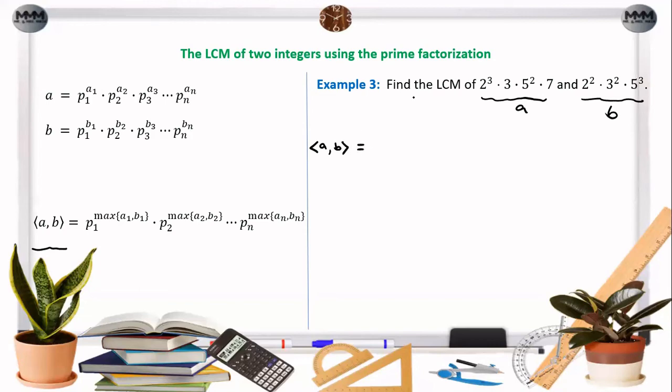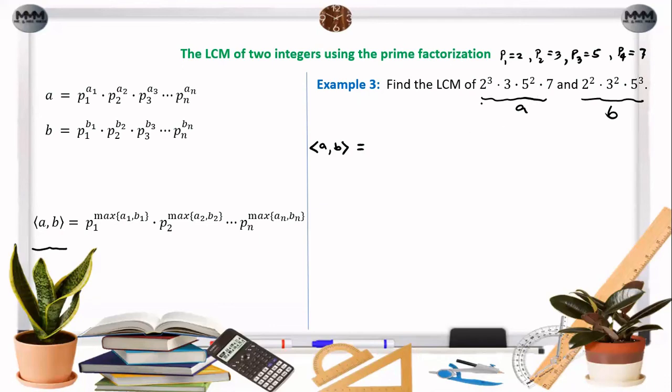This is equal to, take note here, P1 is 2, P2 is 3, P3 is 5, and P4 is 7. Follow? So we have 2, 3, 5, and 7.